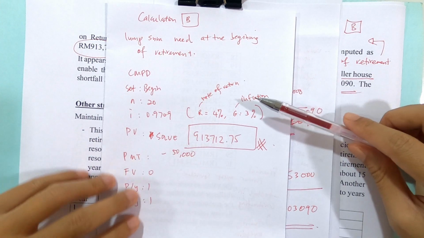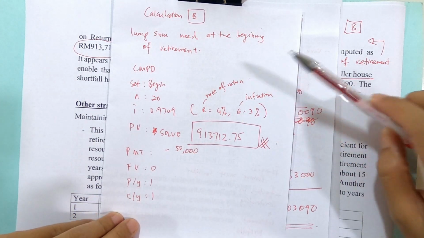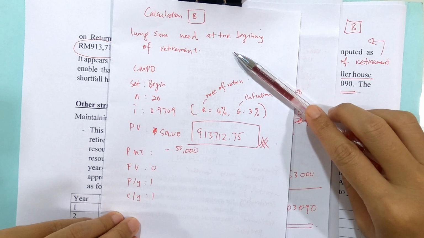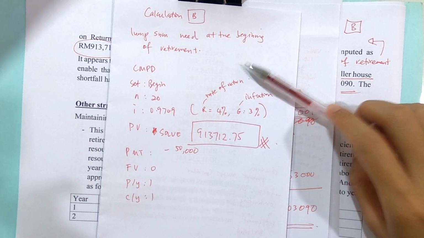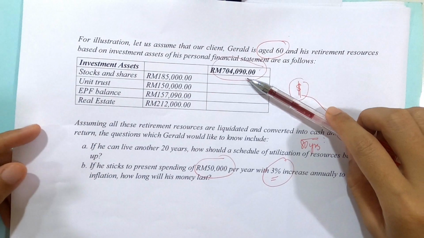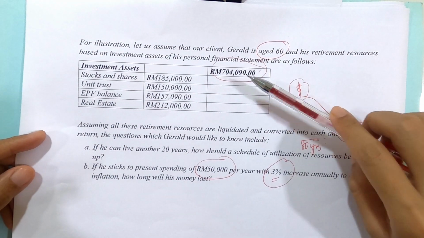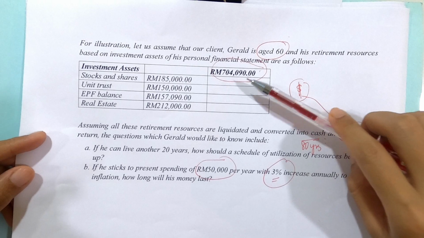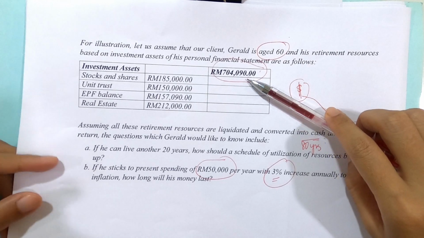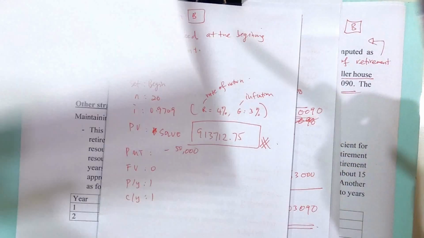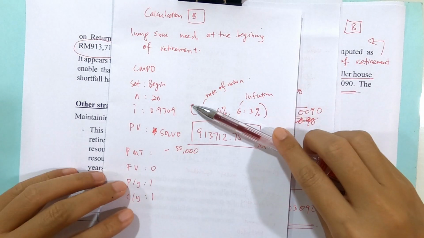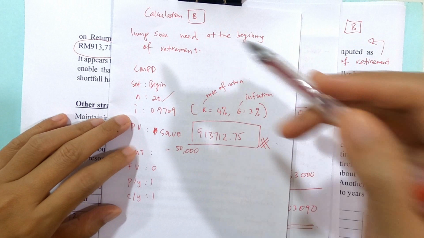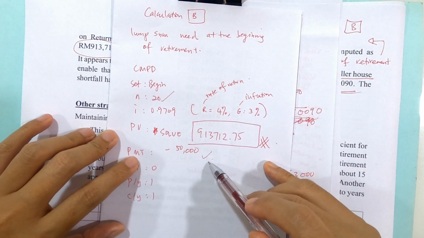All right, at this point of time, let us identify what is the lump sum need of the client. So far we based our calculation on the current investment asset that the client has, that is 704090. But we still didn't calculate the lump sum need of the client to fulfill the 20 years, where N is 20 and the payment is negative 50,000.